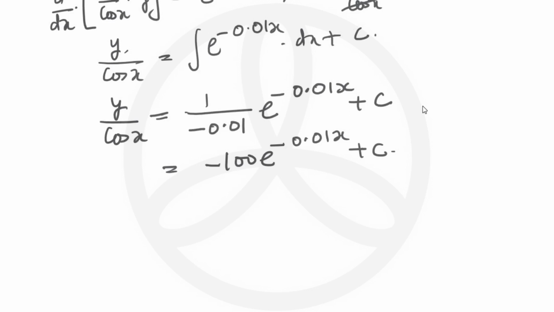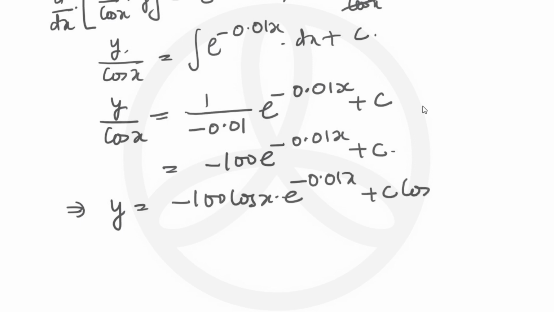Now we need to multiply the entire expression with cos x to eliminate the denominator, and we get here minus 100 cos x e to the power minus 0.01x plus c cos x.